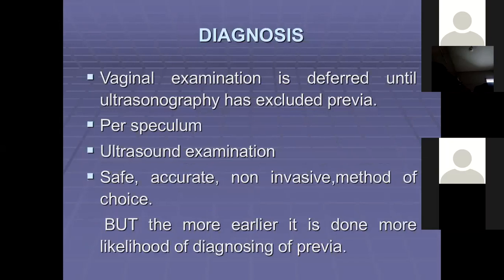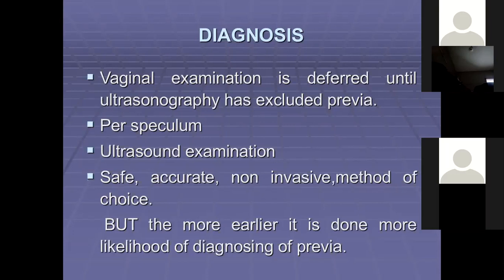How will you diagnose this condition? We will not perform a vaginal examination. Vaginal examination is deferred until ultrasonography has excluded previa, because once we do a vaginal examination, the patient will start to bleed. So we will not perform vaginal examination in such cases. First, let's confirm the position of the placenta.